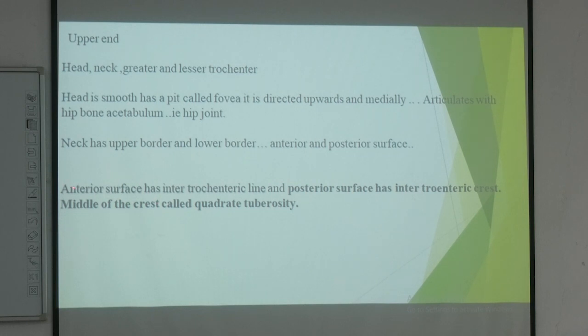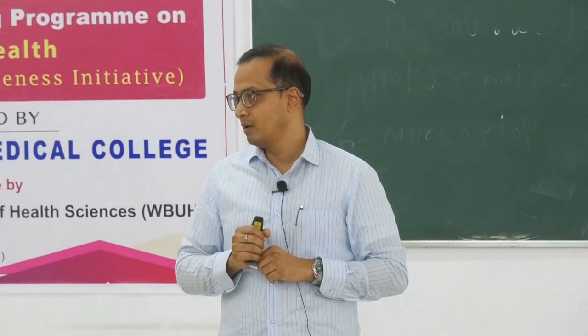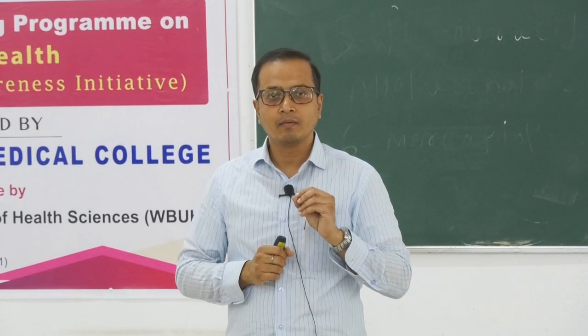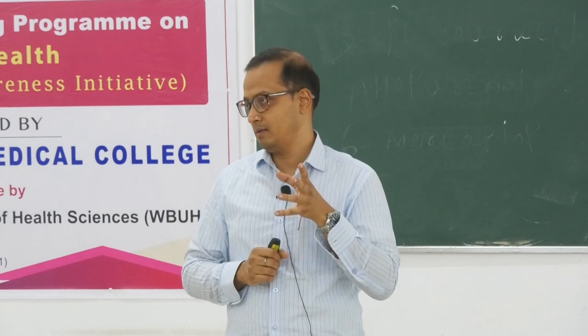Now follow the anterior surface. On the anterior surface, joining the greater to the lesser trochanter, we have a line. We call it the intertrochanteric line, which is not a very prominent line. So once again, we are talking about the neck.